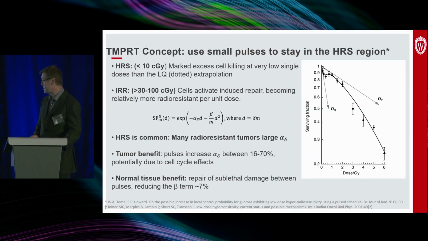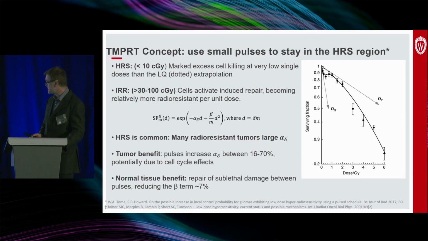If you're not familiar with hyper-radiosensitivity, it's a phenomenon that occurs at very low doses, less than a gray, down to 30 centigray or so. What you're looking at here is the normal linear quadratic modeling, where each one of these points is 10 to 12 different measurements with glial cells in vitro.